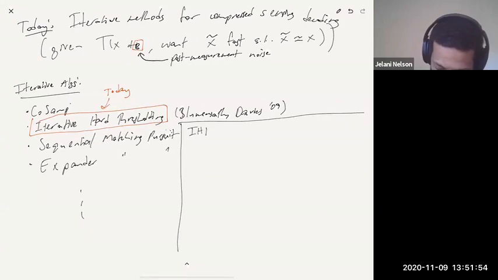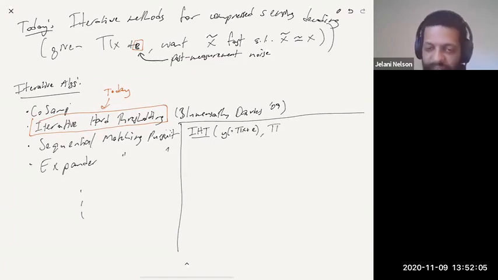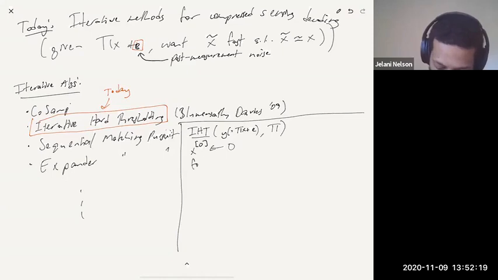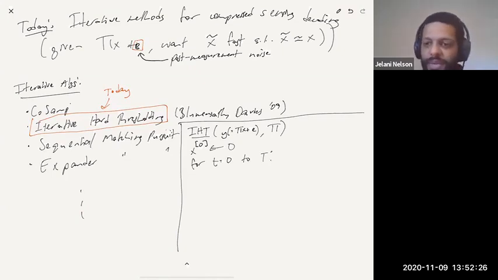Iterative hard thresholding. It takes as input y, which is equal to Πx plus e, and also Π, which is going to be some RIP matrix that you're using to do the measurements. And it's an iterative algorithm, so it starts off with an initial guess of x, which I'll just guess initially as 0. And then it says for t equals 0 to capital T, I'll do some kind of update rule.